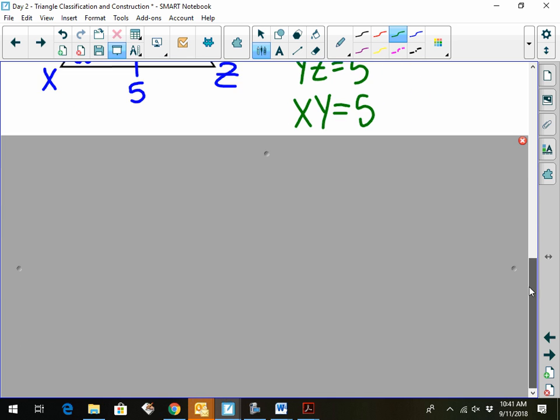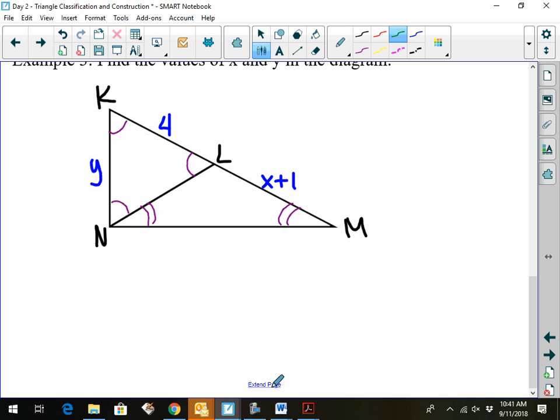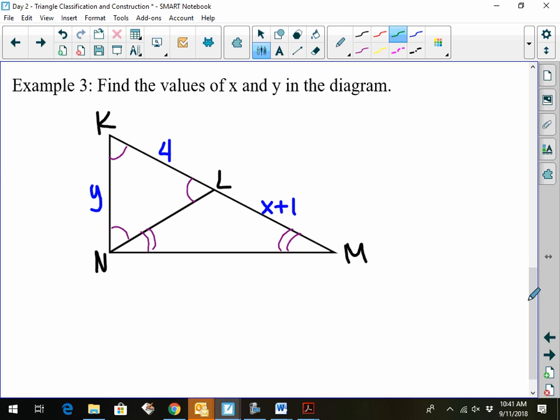So using both of those skills, from understanding those triangles, isosceles and equilateral, we can look at this question. Find the value of x and y in the diagram. If we have all congruent angles here, then we also know that this is going to be equilateral. So therefore, if KL is 4, then y must also be 4.